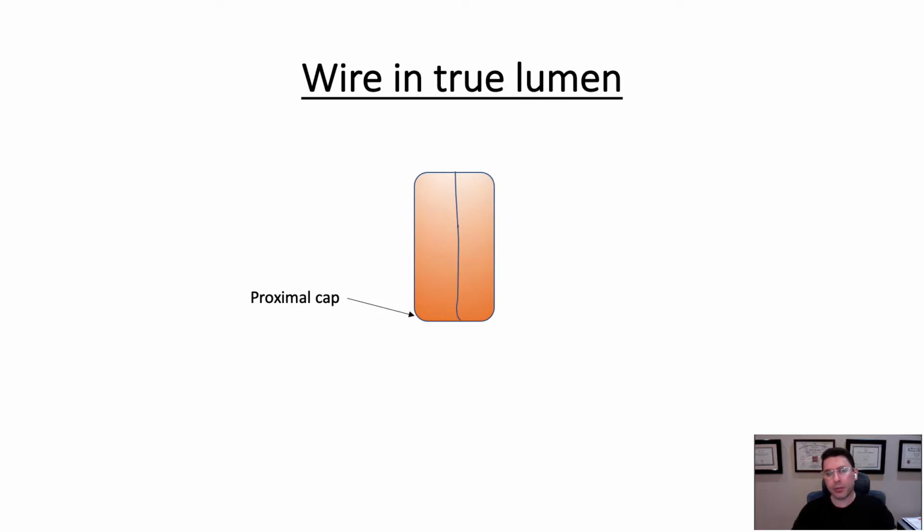The wire and the true lumen: whenever the wire meets the proximal cap and moves on in the trajectory of what the operator thinks is the architecture of the vessel, it could be either true luminal or sub-intimal, and we're going to analyze in the next few slides how we can differentiate the wire behavior in the true luminal space versus a sub-intimal space.